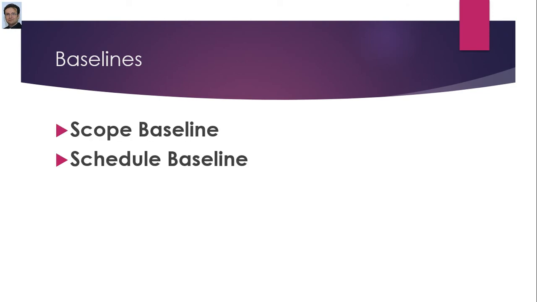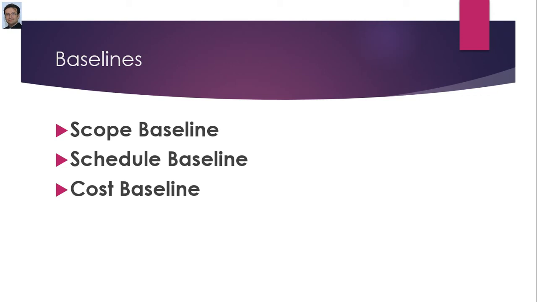Next are baselines. We have three baselines: scope baseline, schedule baseline, and cost baseline. The scope baseline contains three documents: work breakdown structure, dictionary, and obviously the scope statement, which is a summary of your requirement documentation along with what is included and excluded from the project.